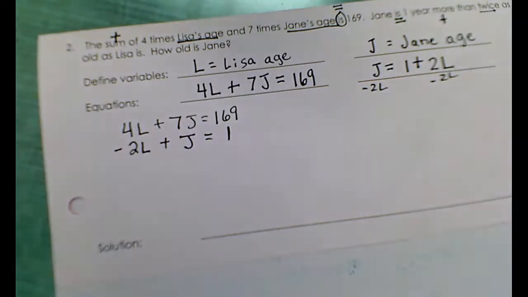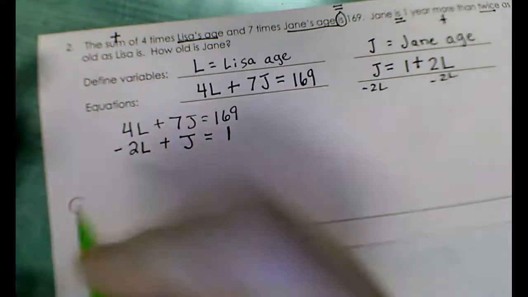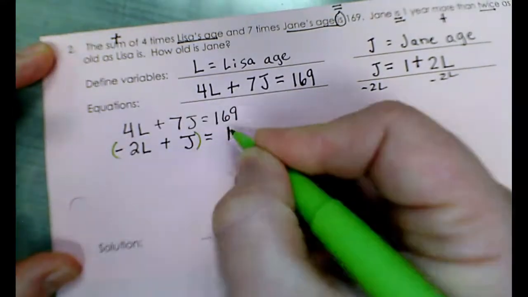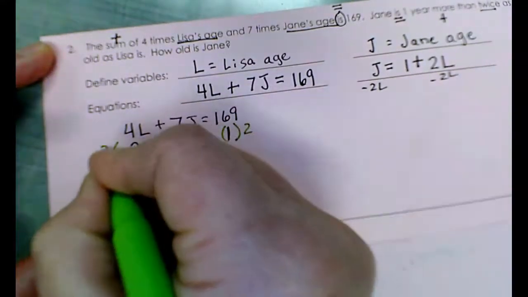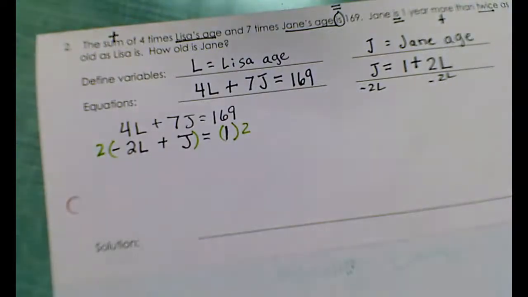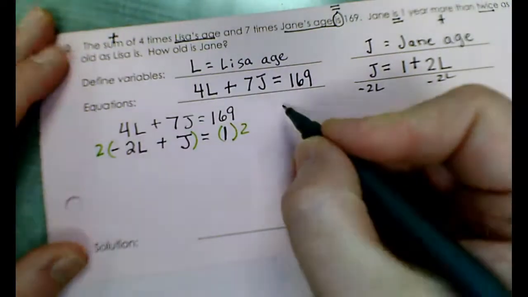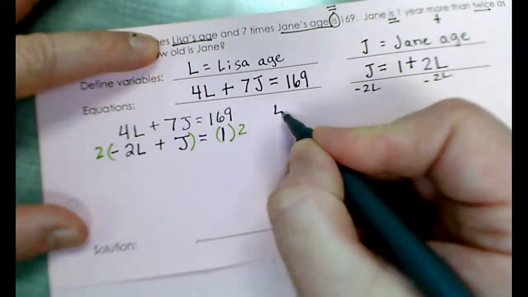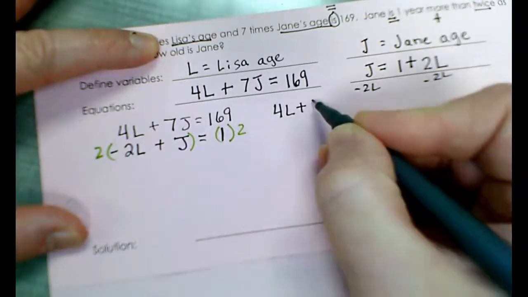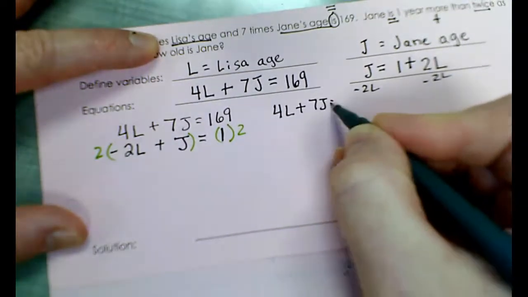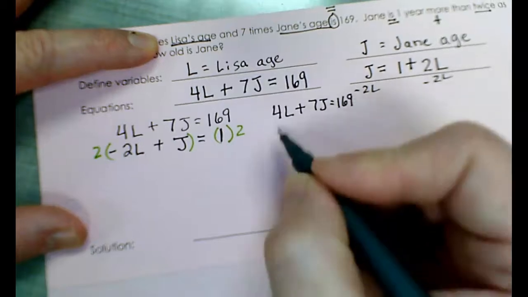So if I'm going to eliminate the L, I'm going to need to multiply both sides of this equation by 2. So the first equation is going to be 4L plus 7J equals 169.